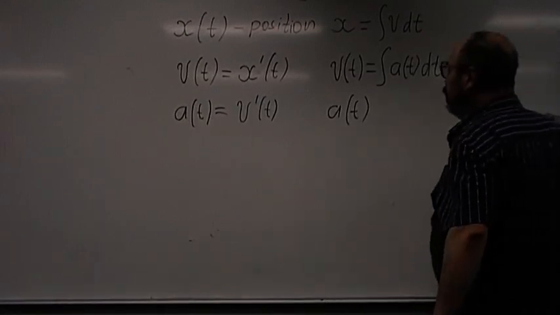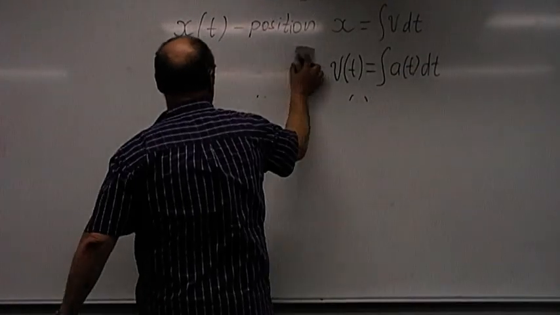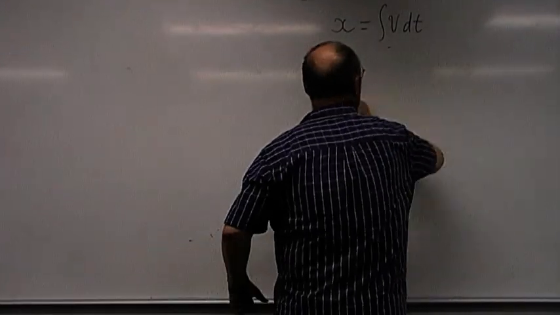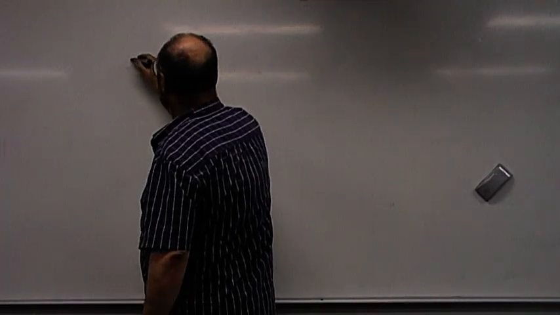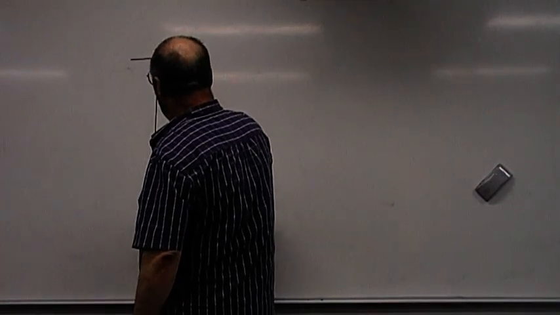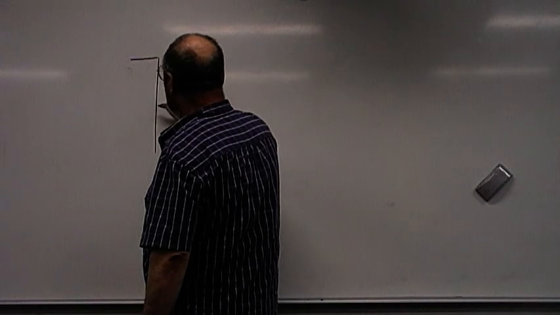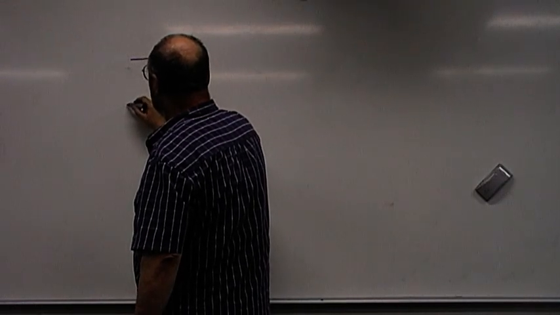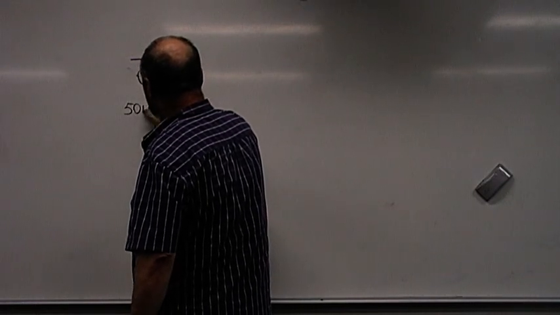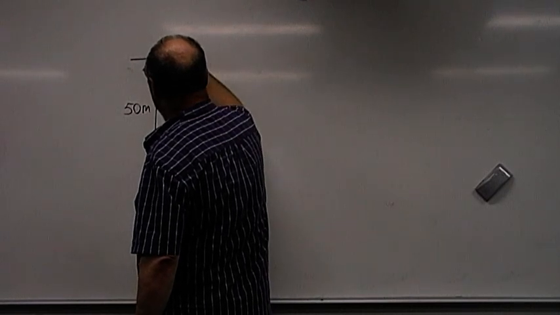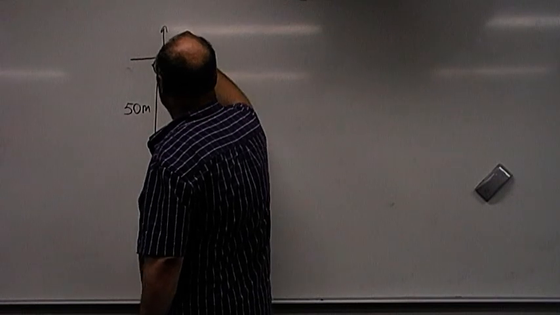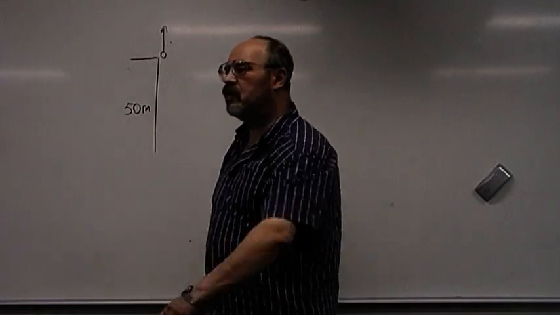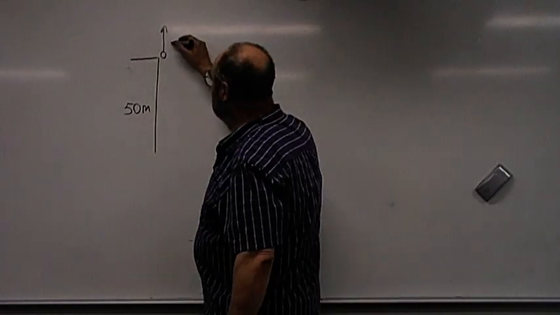Let's consider that a stone is thrown from a cliff with a height of, let's say, 50 meters, thrown vertically up with the initial velocity v0 equal to 20 meters per second.